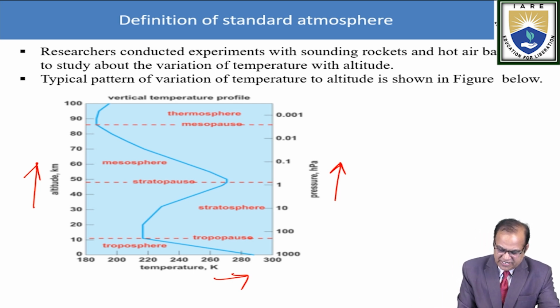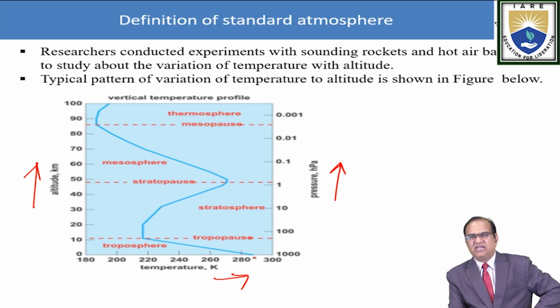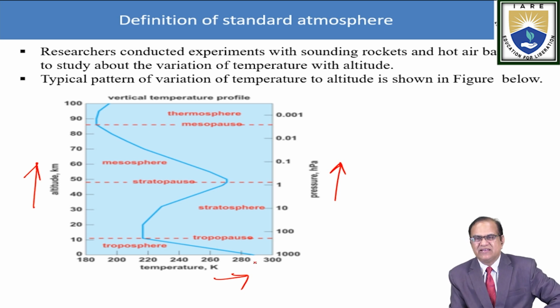If you see here, it is in Kelvin: 180, 200, 220, 240, 260, 280. Somewhere around 290 Kelvin, it is starting. So at sea level condition, it is somewhere 289 or 290 here.